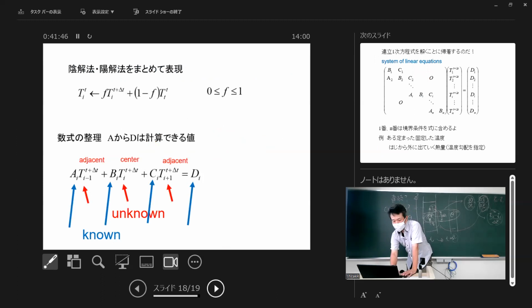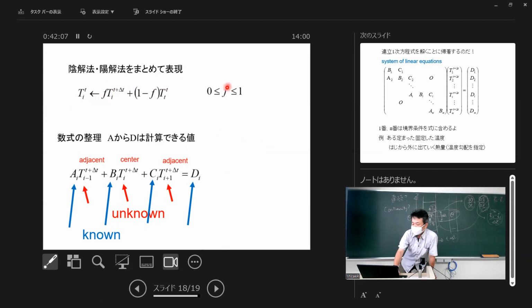So that is the implicit method, and this is a little bit confusing, but we can substitute the present situation, t, large T, and the position is i, like this.